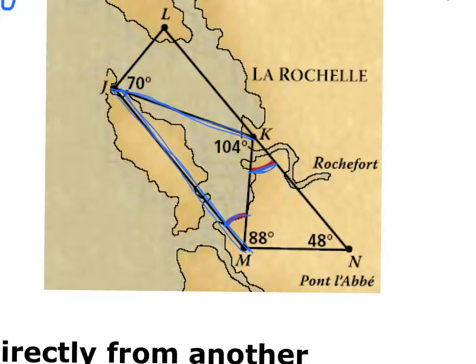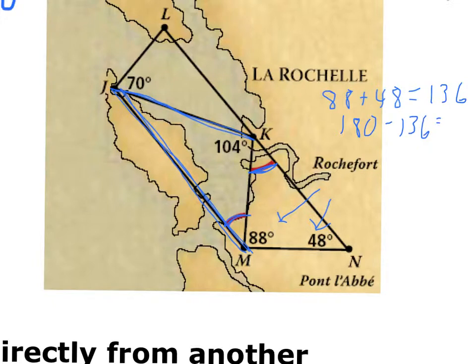If you look at this triangle, you have two of the angles, and since 88 plus 48 is equal to 136, you know you have to take 180 and subtract out 136, and of course get 44 degrees. So you know that this angle right here is 44 degrees, so that also means that this angle is 44 degrees.